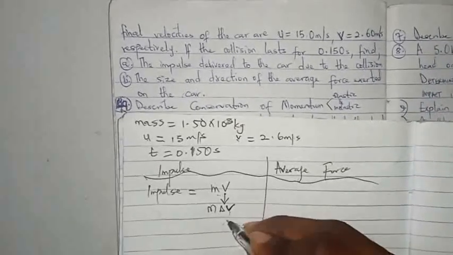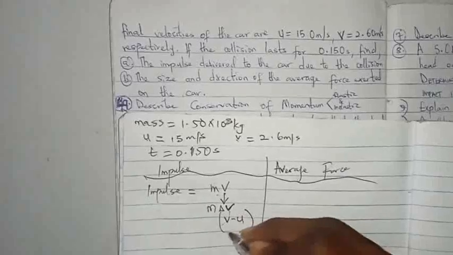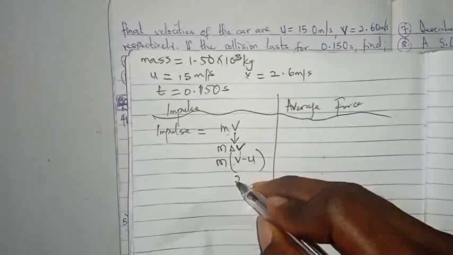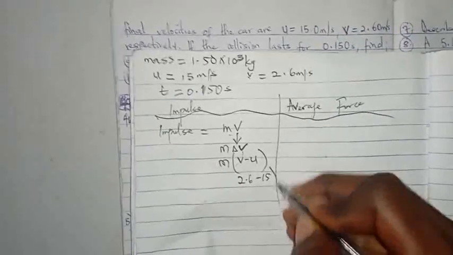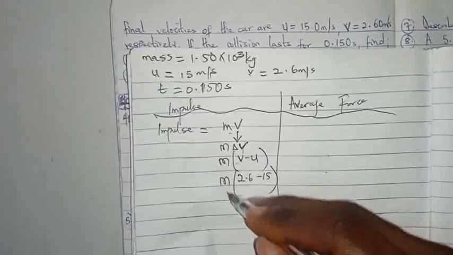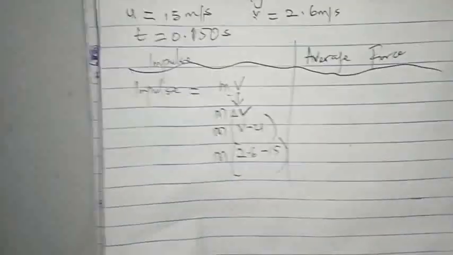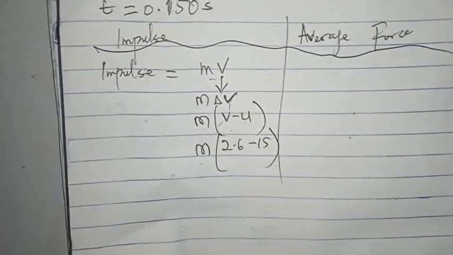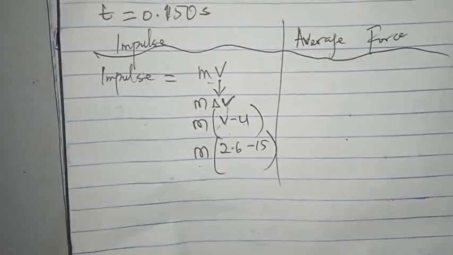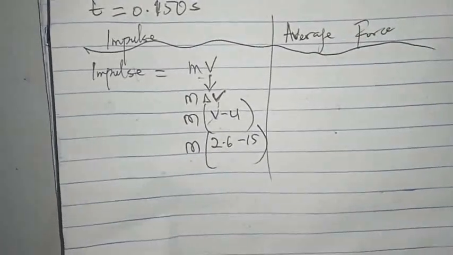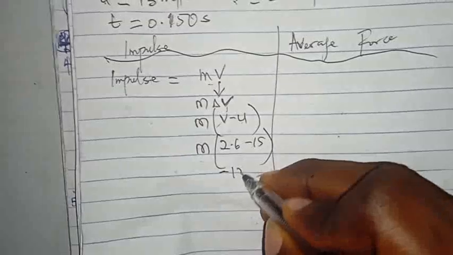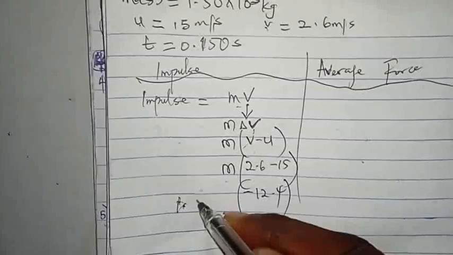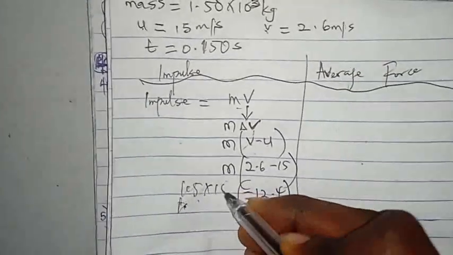So this will be the same thing as saying v minus u, times m. So I will now do 2.6 minus 15, which gives minus 12.4, times 1.5 times 10 raised to power 3.